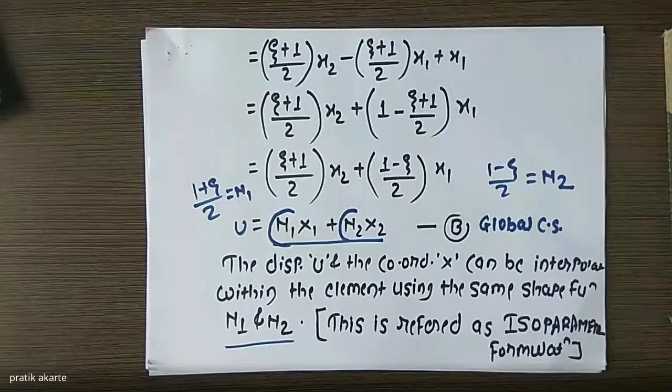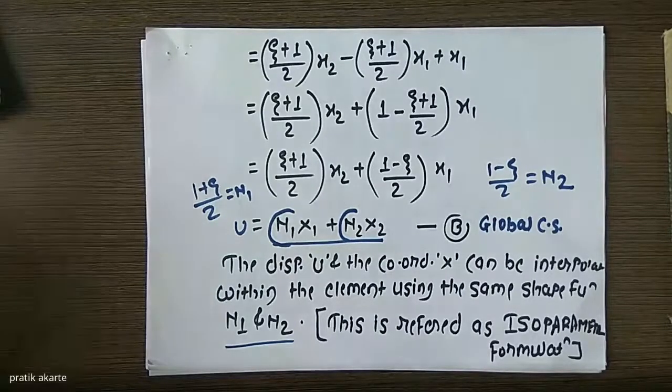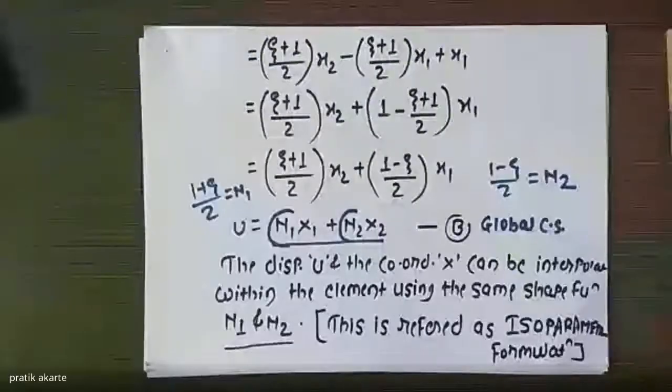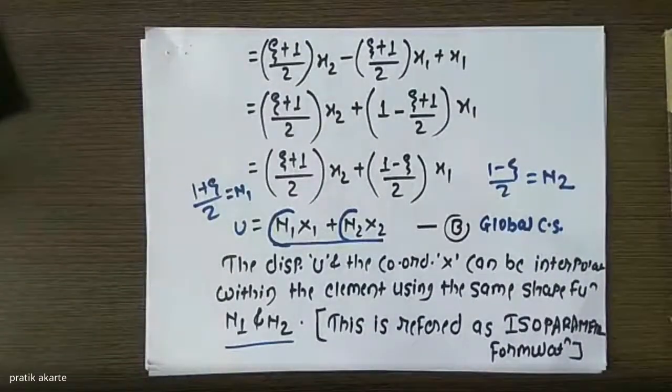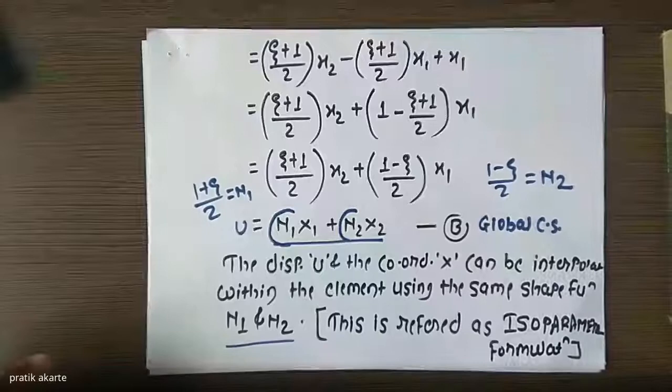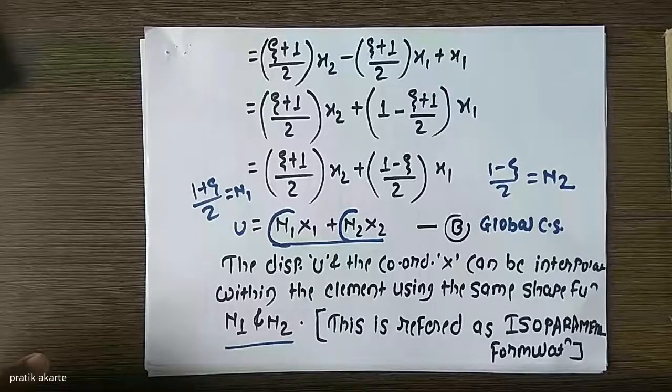Once you formulate it in the natural coordinate system at the individual level, you can easily shift it to the global coordinate system with the same shape function to formulate the global stiffness matrices. So this is the takeaway from today's session.